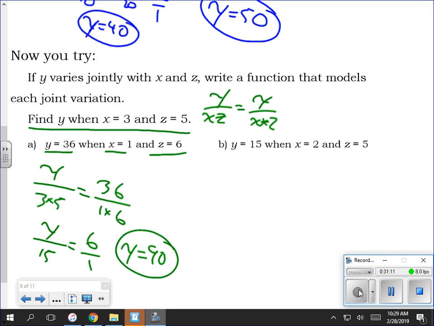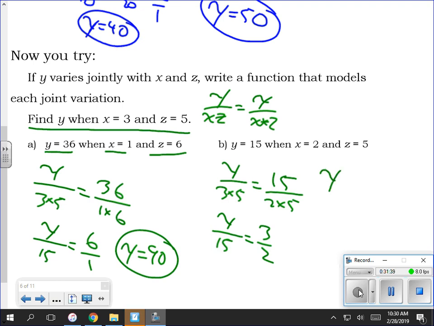Relationship is the same on the next one. I still have y over 3 times 5 equals 15 over 2 times 5 here. So I get y over 15 is equal to, my 5's cancel, I get 3 over 2. And I would just multiply both sides by 15 or cross multiply in this one. 3 times 15 is 45.